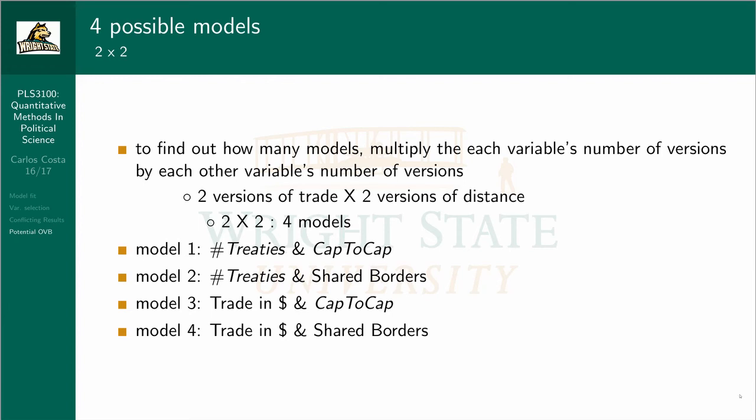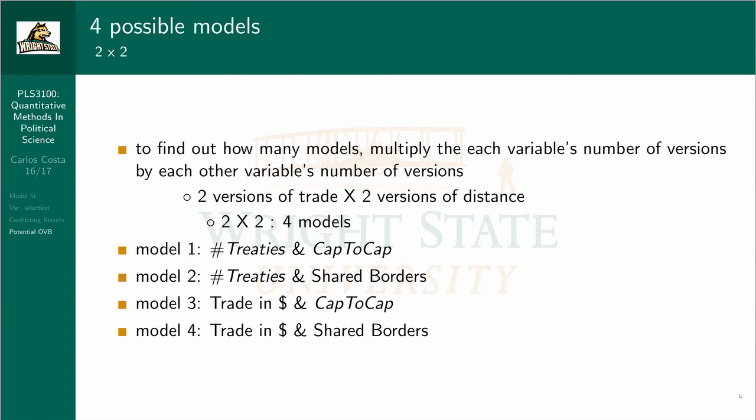The first model would use the variable number of treaties, and the second variable would be capital city to capital city. Model 2 would also use number of treaties, but now instead of using capital city to capital city, you would use shared length borders. The third model would swap the first variable, trade, and instead of using number of treaties, you would use trade in US dollars.